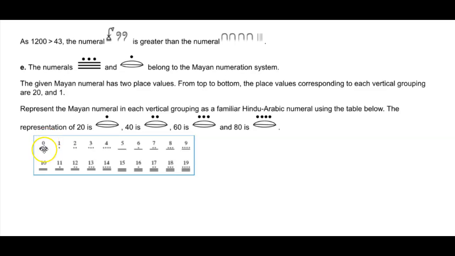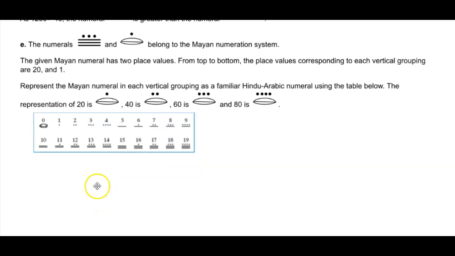So if you see here, this represents 0. There's 1, 2, 3, 4, 5, 6, 7, 8, 9, 10, 11, 12, 13, 14, 15, 16, 17, 18, 19. So what does this numeral represent, and what does this numeral represent? Well, the second numeral here is going to represent the number 20, because that's the value of 20.